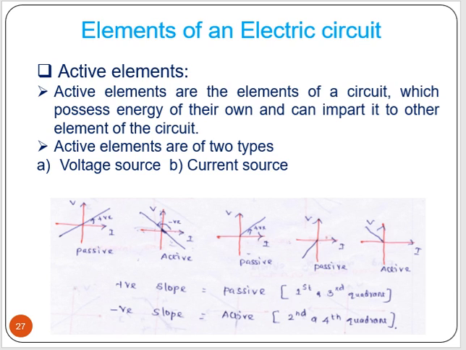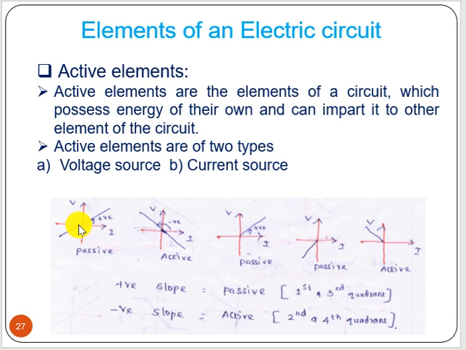Now, in that case, what we have to know is V and I. The multiplication is power, V into I, that we already studied in the first lecture. If VI is positive, that means it absorbs energy. Negative means it supplies energy. That we have seen in the previous lecture.